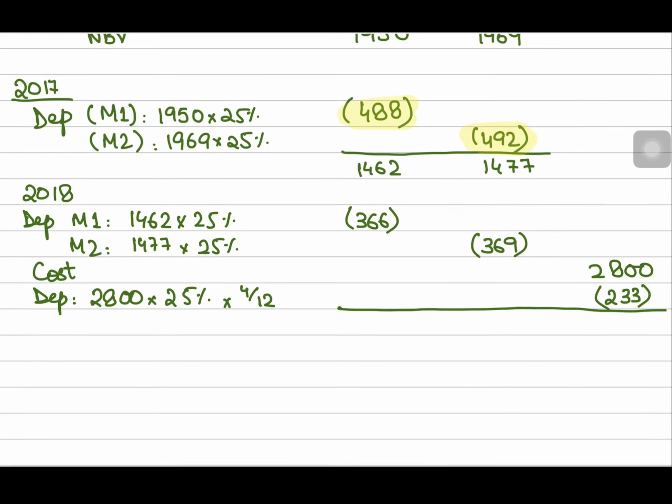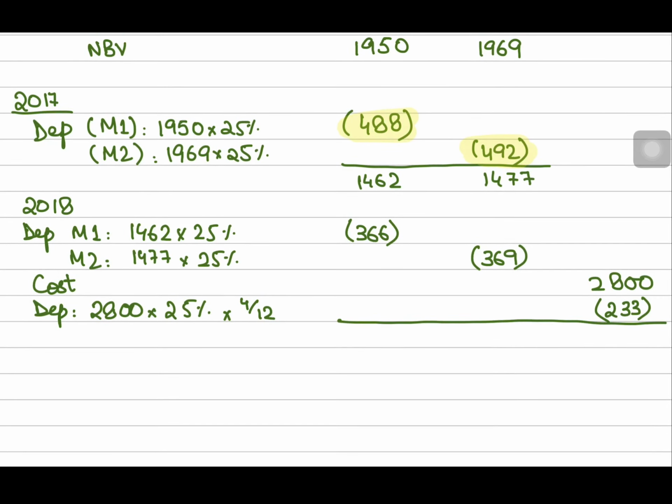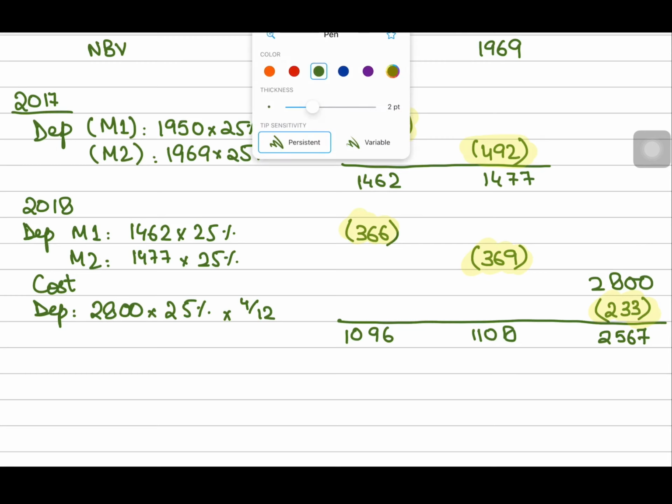Now the net book values for machinery 1 will be 1096, for the second it will be 1108, and for the third one it will be 2567. Right? So now what amount will go in the income statement for current year depreciation? 366, 369 and 233 for these three machineries, and that would be 968.